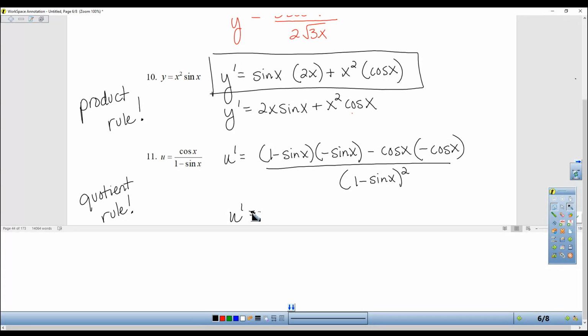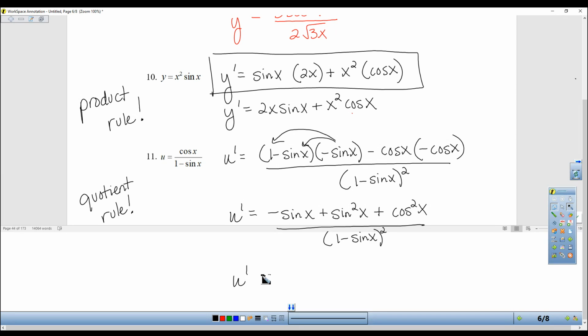U prime is, I'm going to simplify, I'm going to distribute that. So negative sine of x plus sine squared x plus cosine squared x, all over 1 minus sine of x, the quantity squared. The sine squared and the cosine squared become 1.